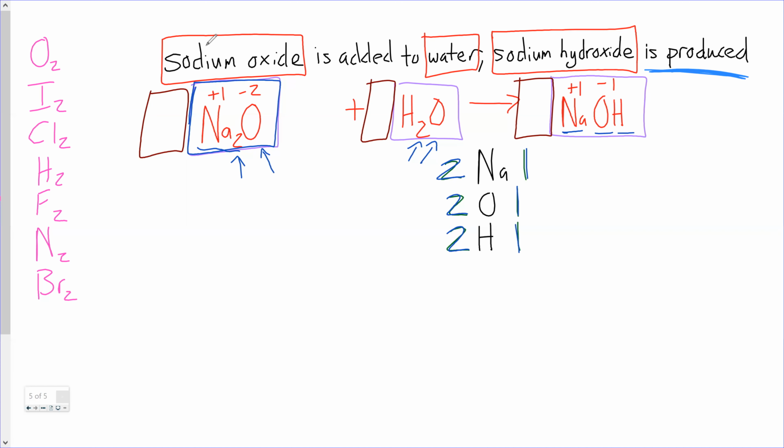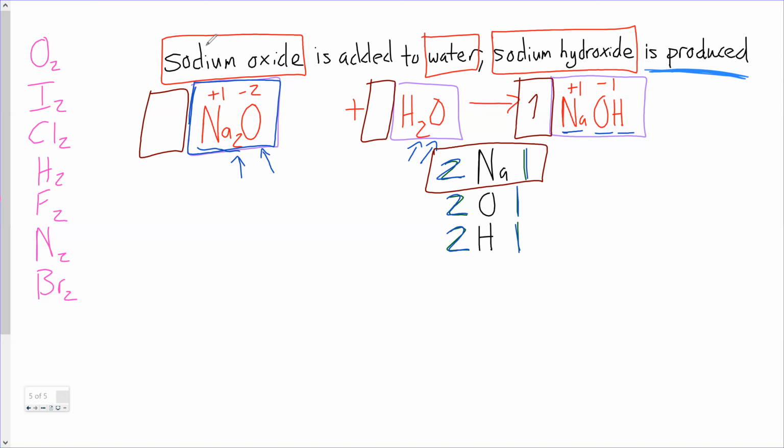If we're looking at, let's just say, sodium, in this box right here I have 2 on the left side, I have 1 on the right side. So Natalia, what would you do to get 2 Nas on the other side? What would you put in that box? A 1. Okay, if I put a 1 in this box, now how many sodiums do I have? 2. You put the 2 in the box. Yes, I need to put a 2 in the box.